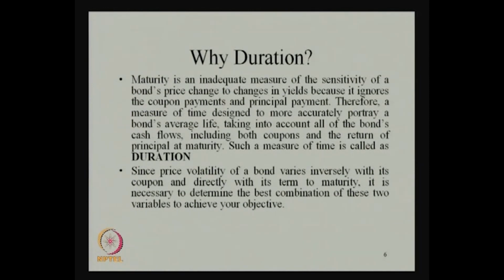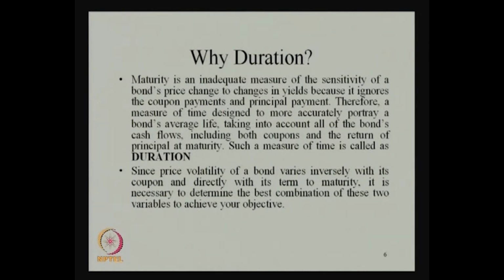Therefore, a measure of time designed to more accurately portray a bond's average life, taking into account all of the bond's cash flows, including both coupons and the return of principal at maturity, is needed. Such a measure is defined as the duration. As I already told, duration is the concept used by the investor to minimize the risk in the market.